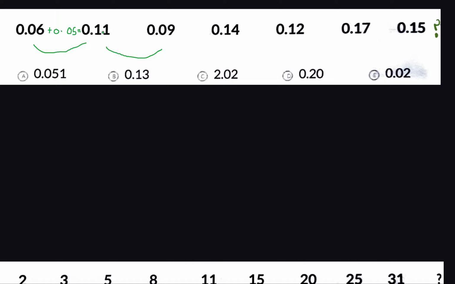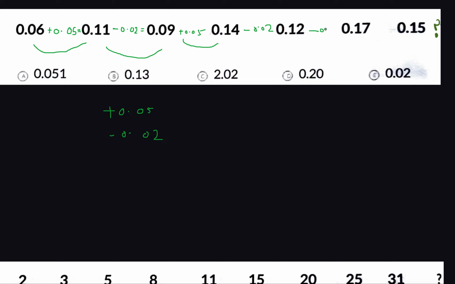And from 0.11 to 0.09, I am subtracting 0.02. So the pattern I have for now is 0.05 needs to be added, and right after you have to subtract 0.02. That works here. Clearly, I'm adding 0.05 and subtracting 0.02.